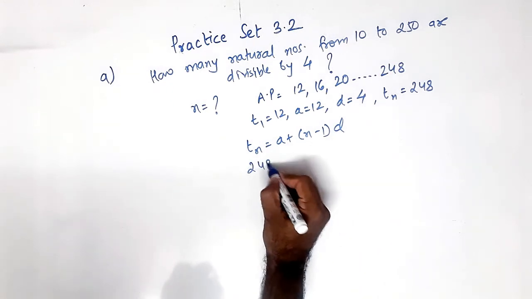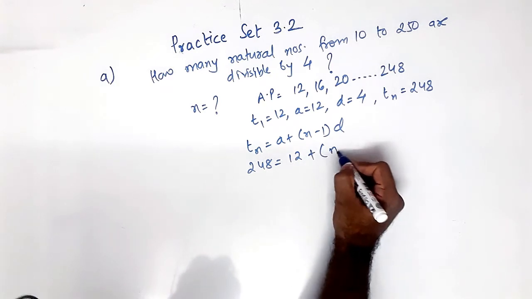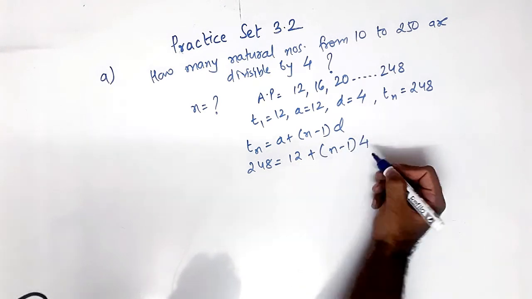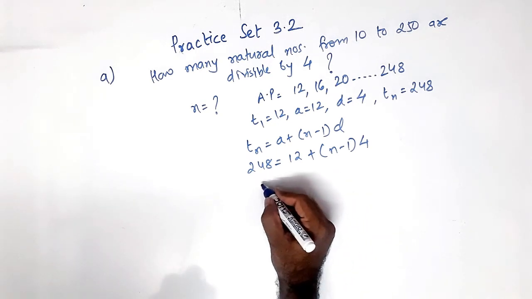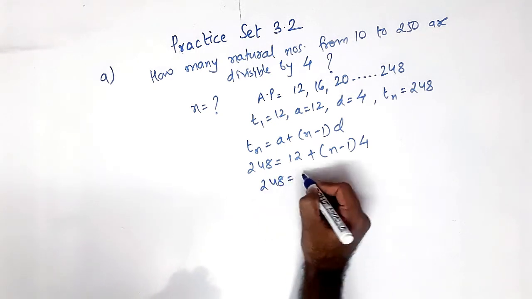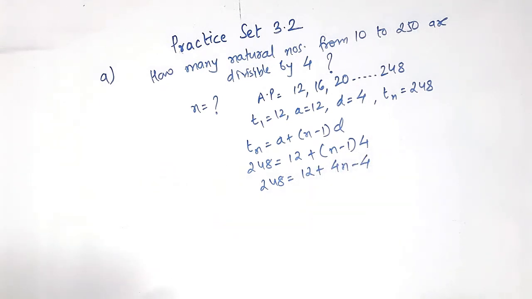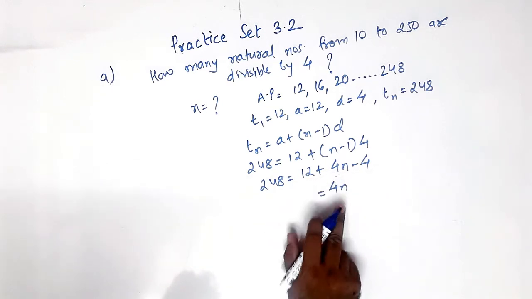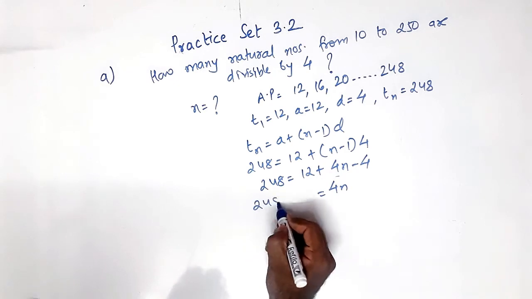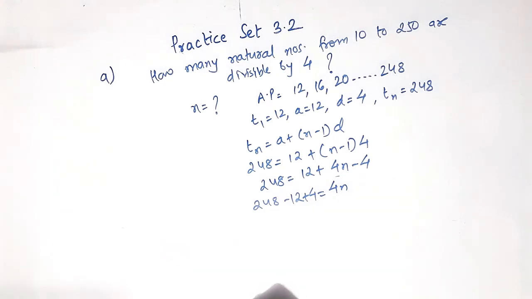So 248 equals 12 plus n minus 1 into 4, that is 248 equals 12 plus 4n minus 4. Because 4n is already positive, I am keeping it on the RHS and sending the rest to the LHS. This will become minus 12, this will become plus 4.